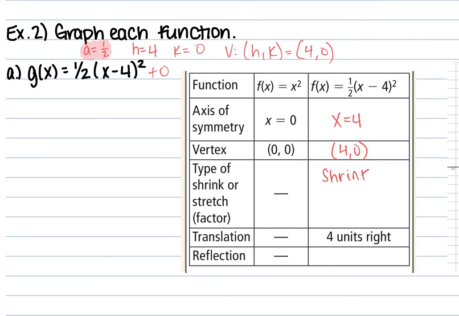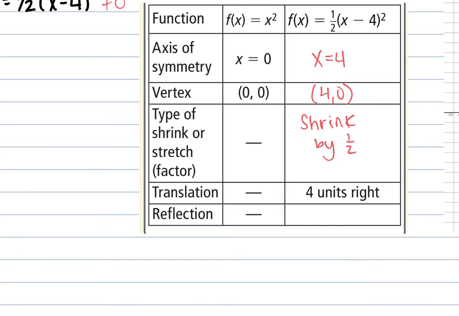It's a shrink by 1/2 because 1/2 is less than 1. Now, there was a translation. We went 4 units to the right because, do you agree, this minus 4 is an opposite world? And since it's inside parentheses, it's horizontal. And we would move 4 units to the right. Do you guys remember that? Okay. And then, is there a reflection here?